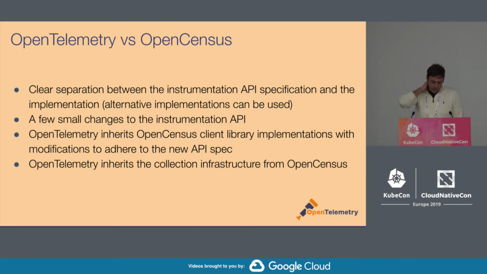There are clearly some differences between OpenTelemetry and OpenCensus. The main one being the fact that we learned from OpenTracing that having a clear API is very important, and having this separation between API and implementation helps a lot of the vendors and a lot of the parties to trust the project more.